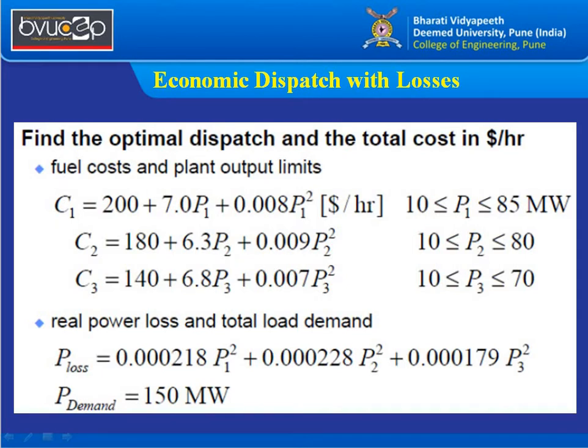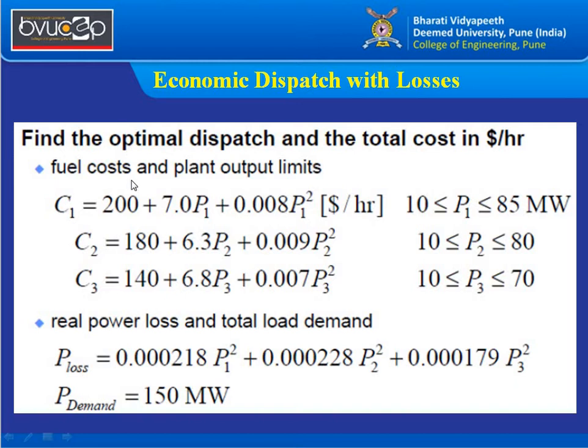Now let's see the last part, the third part in this particular topic, that is the optimal dispatch when we consider the limits on the generator as well as the losses. This is crucial because we are considering the third case here, with losses as well as limits on the generator. For that I've considered an example with fuel cost and plant output limits.